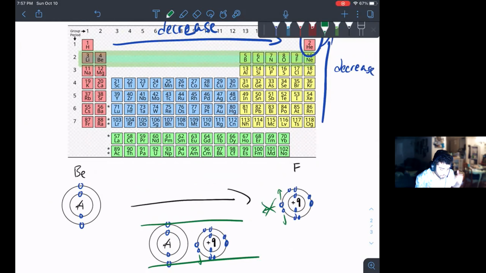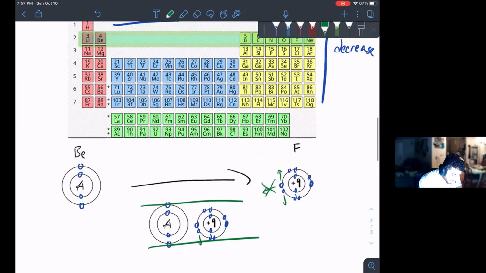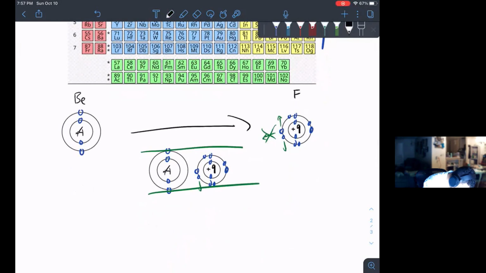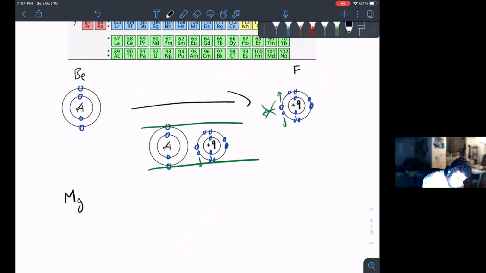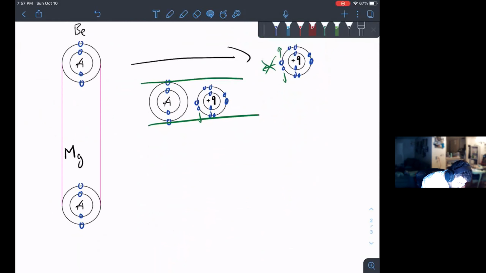Now, as we go down the periodic table between like beryllium and then we can say magnesium, you might make the same argument. Well, we have more protons. Shouldn't we have more force?